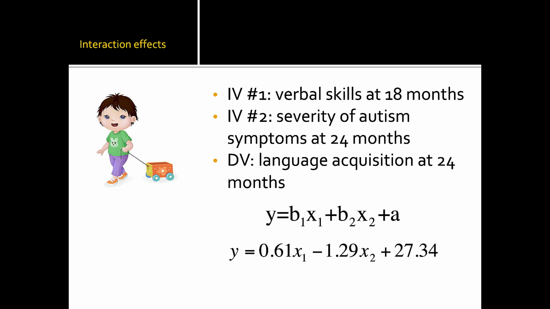If we go back to the original equation, we see a positive slope for x1, which was verbal skills, which is consistent with the first hypothesis that verbal skills may positively impact language acquisition. The negative slope there for x2 means the greater the severity of autism, the worse the language acquisition, the slower the language acquisition.